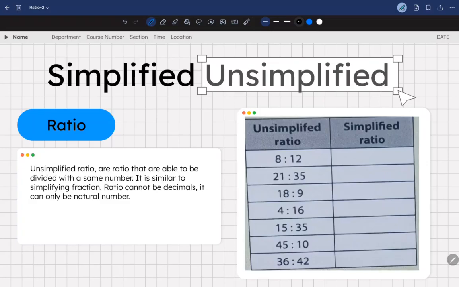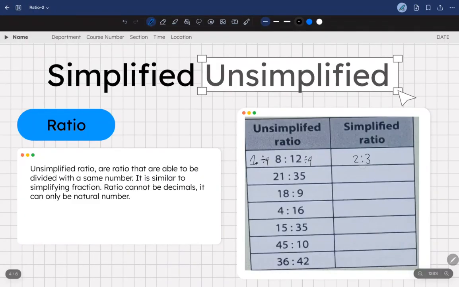So for example, it's easier for us to look at the examples. As you can see, in the unsimplified ratio, the first one, number 1 here, the first one is 8, and the second one is 12. The common factor on those 2 numbers is 4. So if we divide each of them by 4, it changes to 2 to 3.